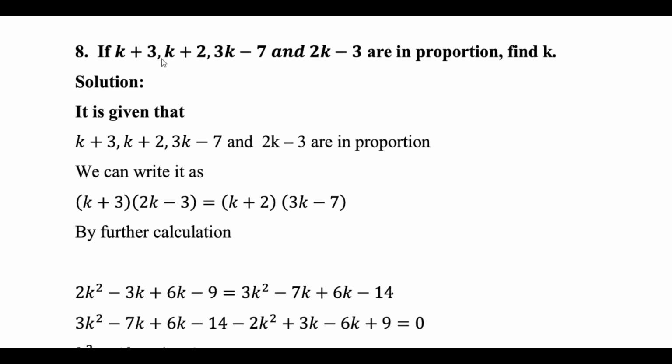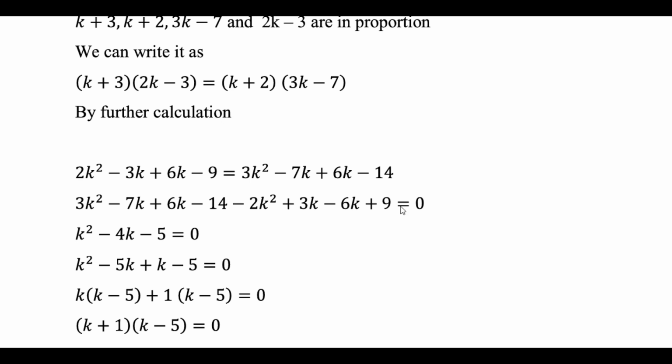If k plus 3, k plus 2, 3k minus 7 and 2k minus 3 are in proportion, find k. So we have to write this one into this one is equal to this one into this one, as in the same system.